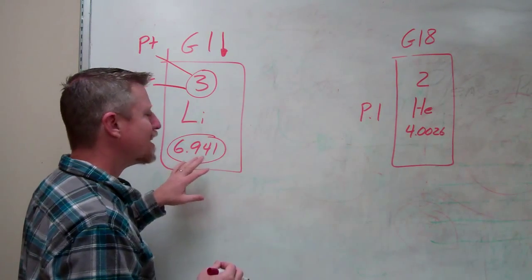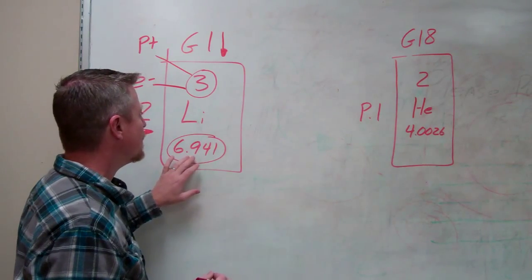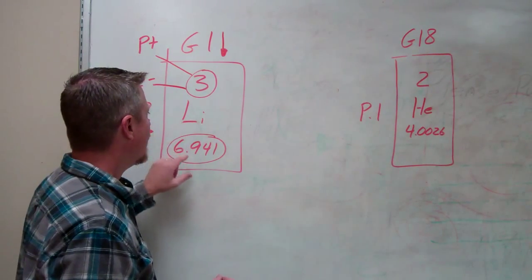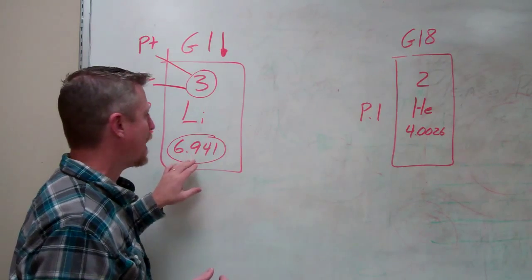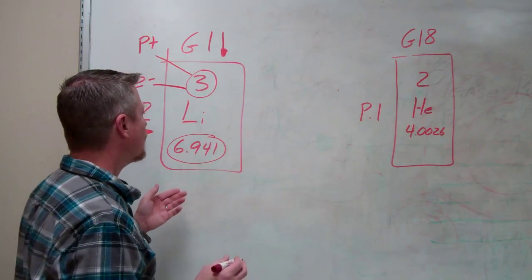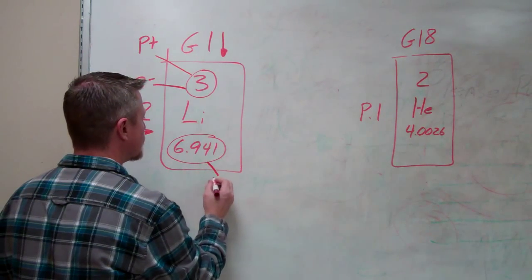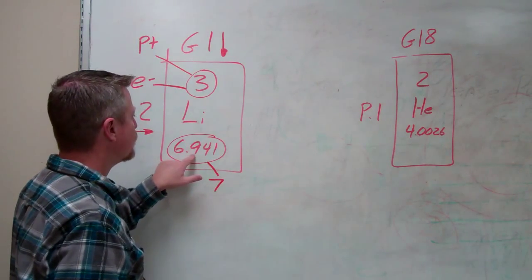And so that's not so important to understand right now. All we need to know at the moment is that the most common atom of lithium has an average mass of 6.941. So what we would do is round this number, so 6.9 becomes 7. So we round 6.9 to 7.